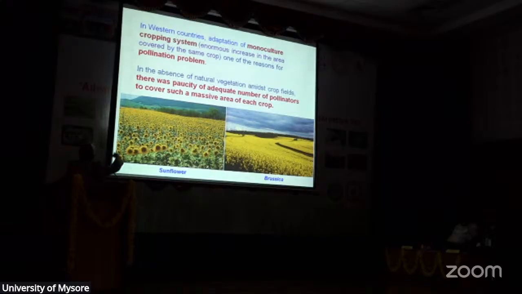You can see, as far as you can see, hundreds of acres or hectares, it is only one crop. When it starts flowering, there is no natural vegetation around. Where will the insects come from? Because it requires millions and millions of insects for pollination, there is absolutely no way of getting enough insects.